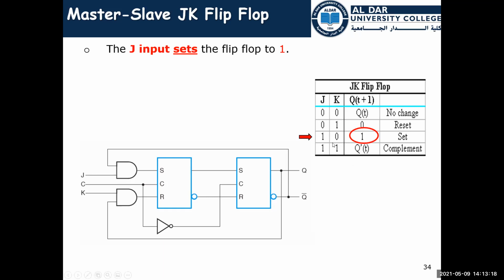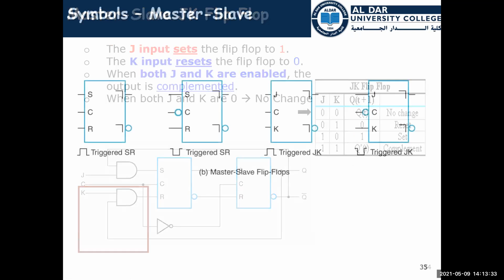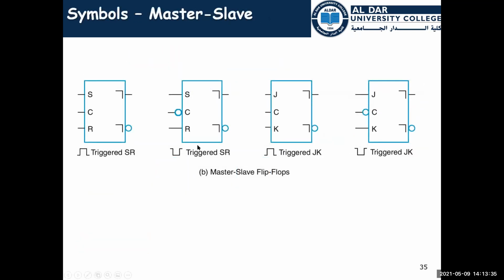So J sets to 1 and K resets to 0, 1 1 complements the previous state, and 0 0 means no change. And these are the symbols for the master-slave flip-flop. The SR flip-flop, we have the trigger; this is a positive edge triggered flip-flop.